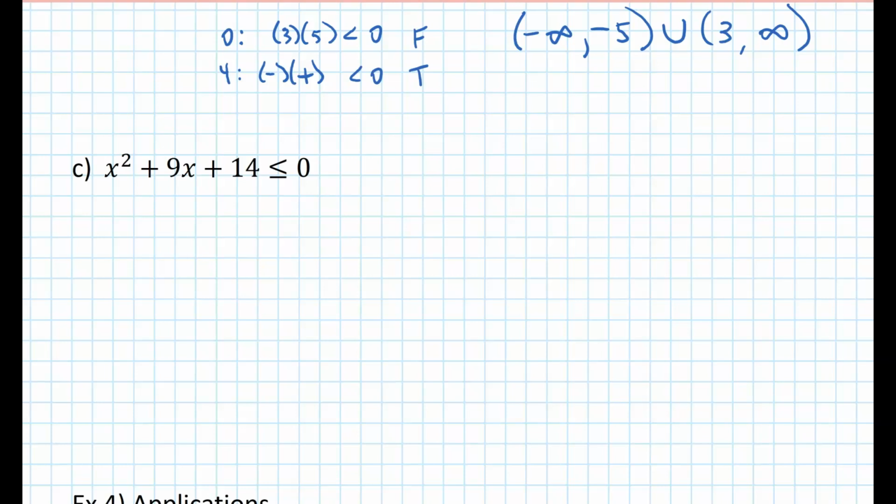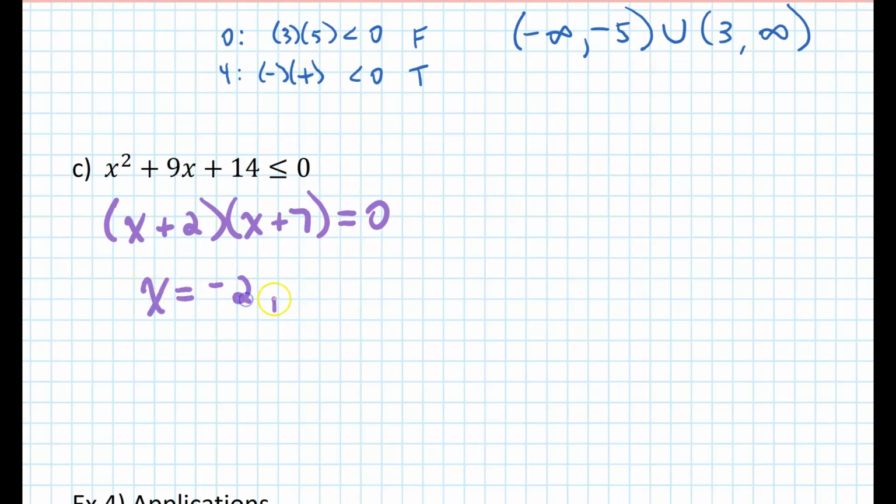So what did we factor into? X plus 7 and X plus 2. Because I heard you first. So we set that equal to 0, which means our two zeros are -2, -7.